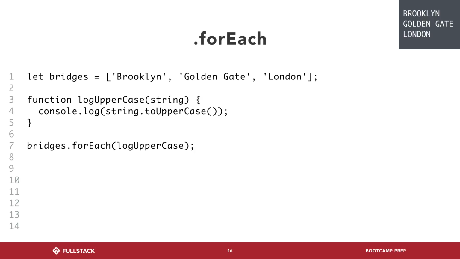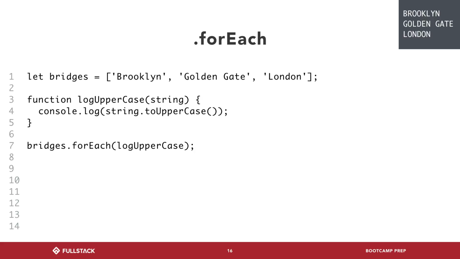You call array.forEach and pass in a function. It goes through every single element in the array, passes in each element as an argument, and executes that function with that element for you.